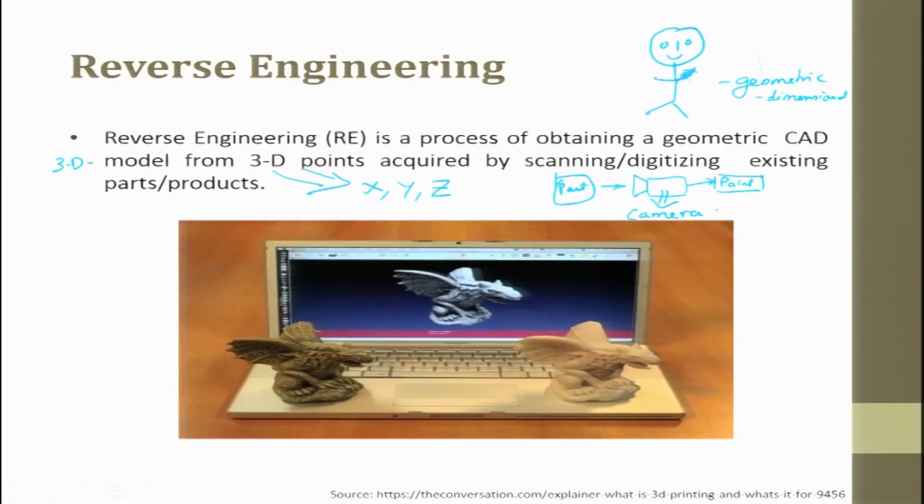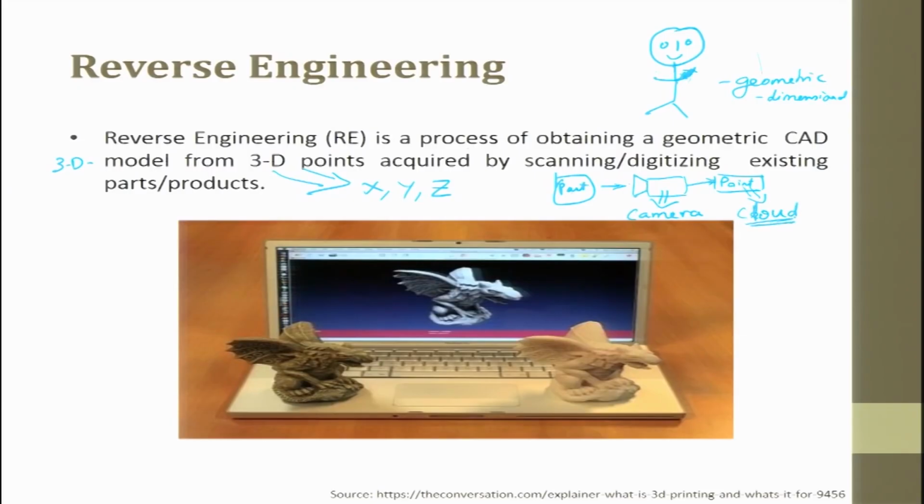Then you try to get the points. So, we convert the part which is in 3D into 2D data or 3D data, and then we collect the points.